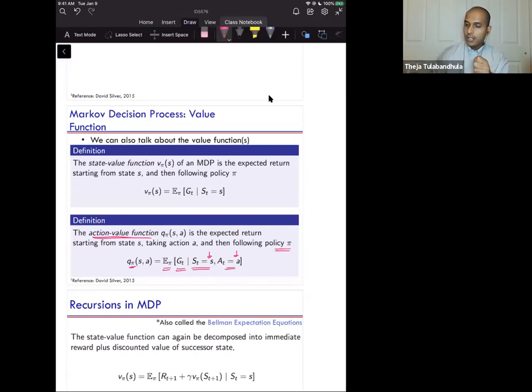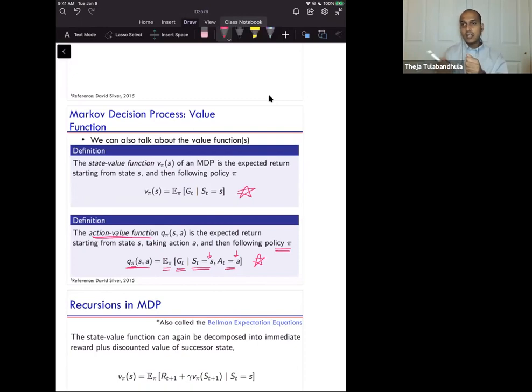The only difference between this and this is that pi of S is saying, starting in the state S, always apply pi of S immediately. So since I'm in S, I'll apply pi of S, which is some A, which will lead me to some state S prime, and so on. I'll collect rewards, get the return random variable, and take its expectation. Now Q pi of S comma A is saying, you're in state S, you get to choose one of the actions.